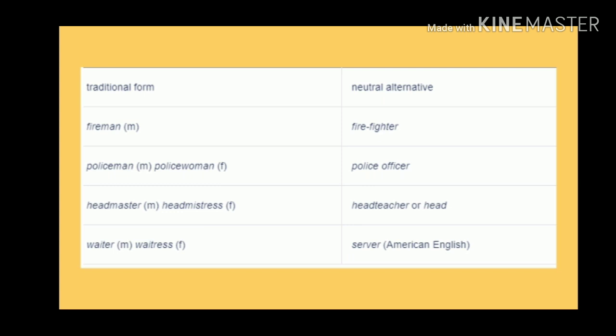And then we have policeman and policewoman, policeman as the male form and policewoman as the female form of police. Now we have the neutral alternative, police officer. And then we have waiter and waitress, right? So now in American English we have server.